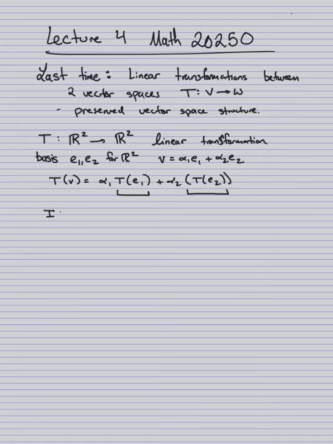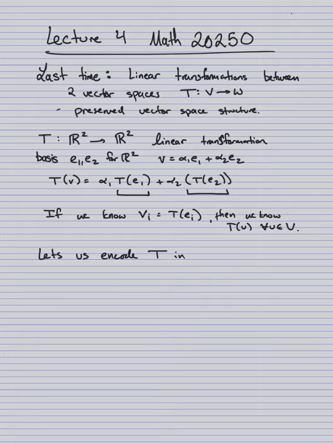So if we know V_i, which is just T of E_i, then we know T of V for all V in V. Okay? And what this fact lets us do is encode T in a matrix.